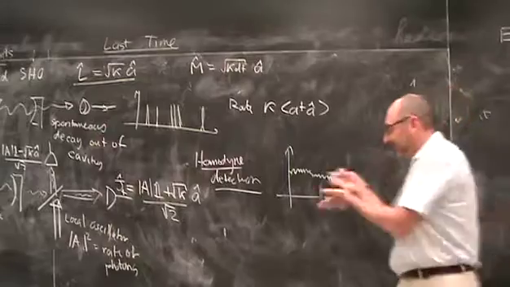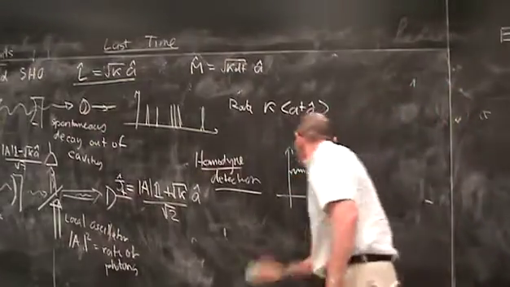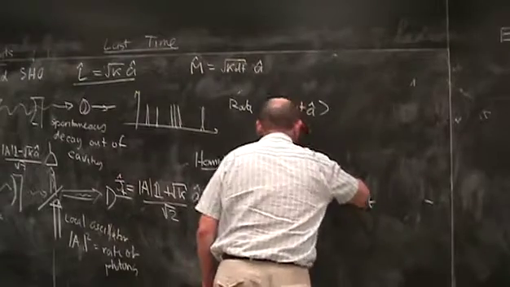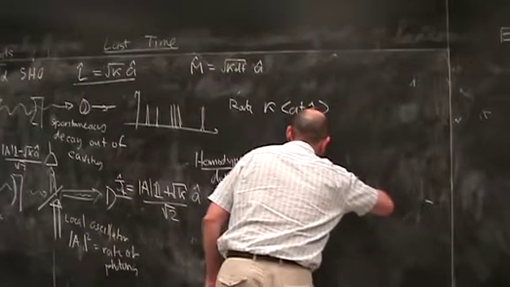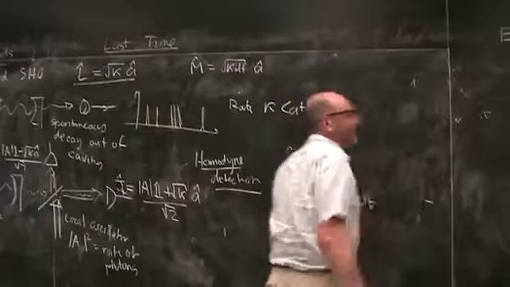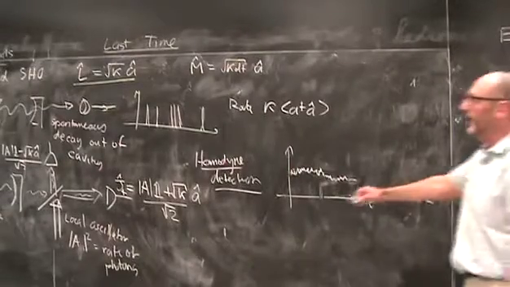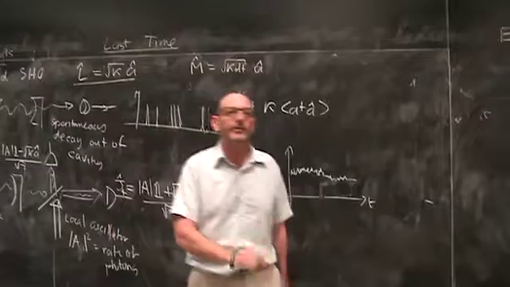I mean, it doesn't look like noise, it looks like one frequency, but that's my best attempt at noise. So you get the point, okay? So this is the current that I see on one of these photodetectors.